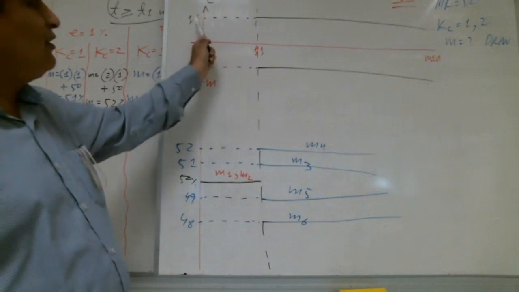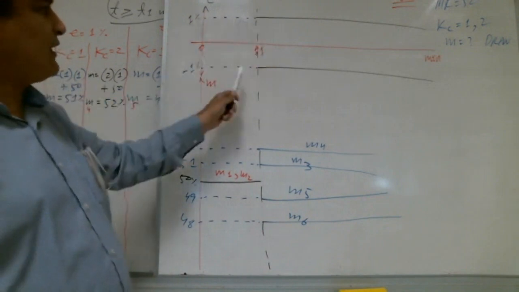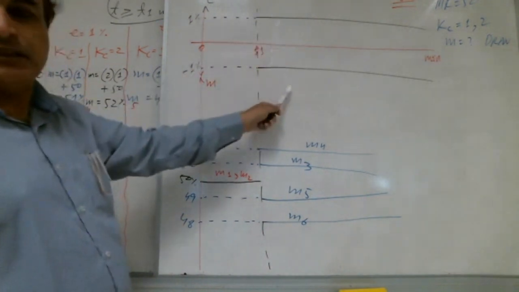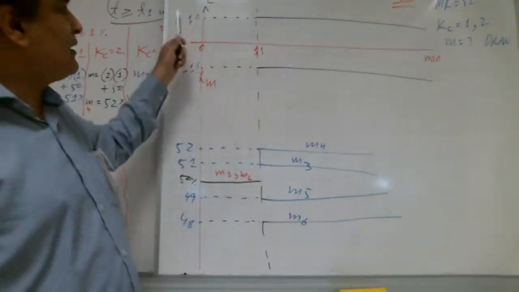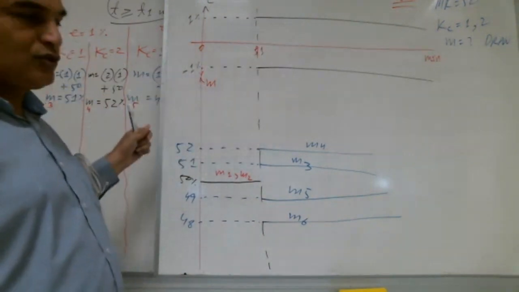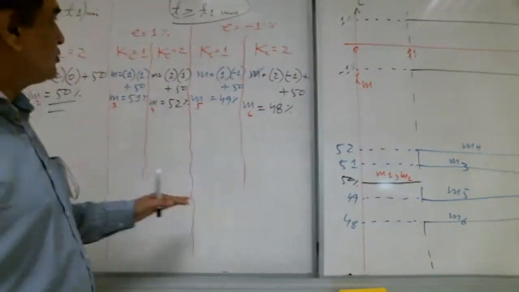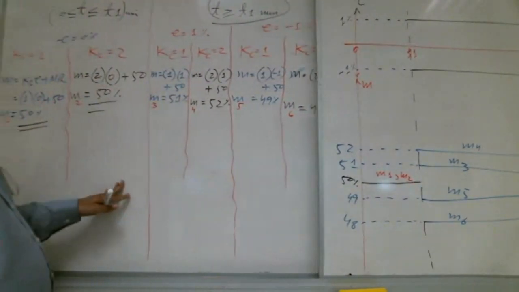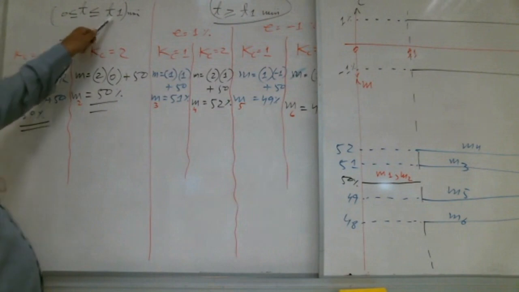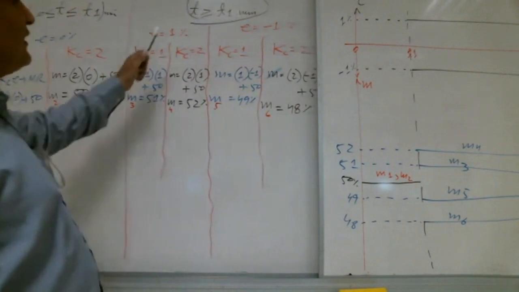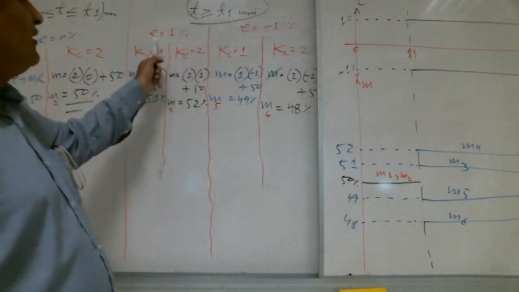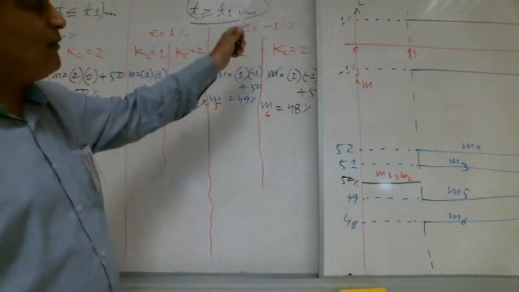At T1, it becomes 1% and minus 1% simultaneously. So we just took it as it is. So for T less than or equal to T1, greater than 0, error is 0, and for T greater than or equal to T1, 2 errors, plus 1% and minus 1%.